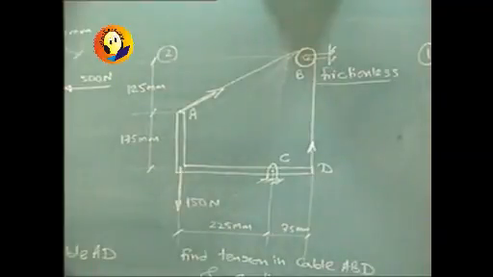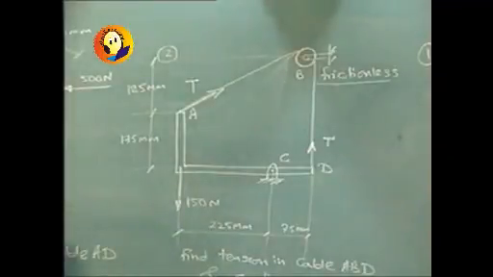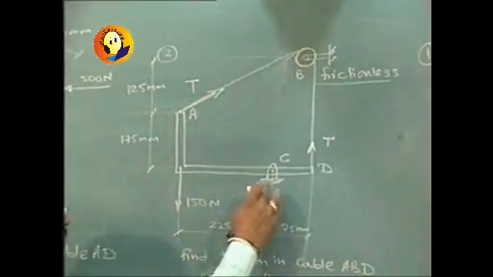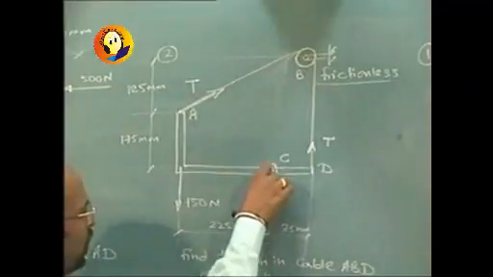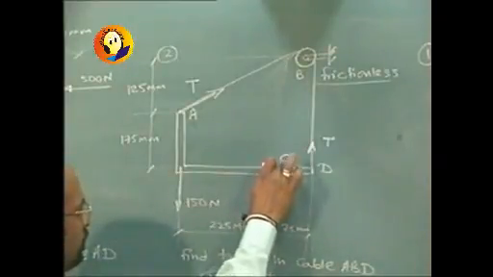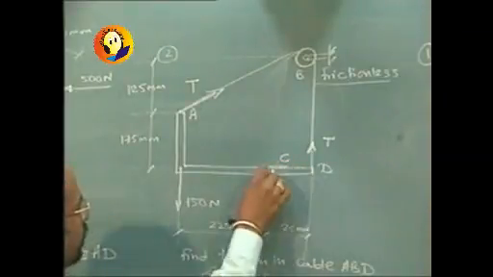So let us assume this tension as T. We are required to find the tension in this cable ABD as well as the reactions at point C. Now C is nothing but the hinge, so I can replace this C by a vertical force and some horizontal force.